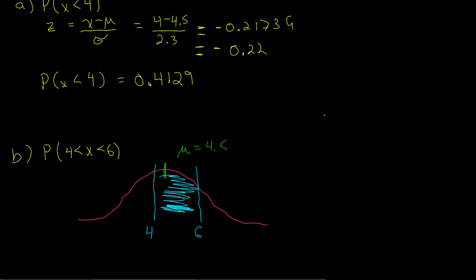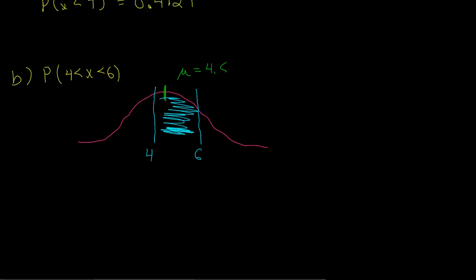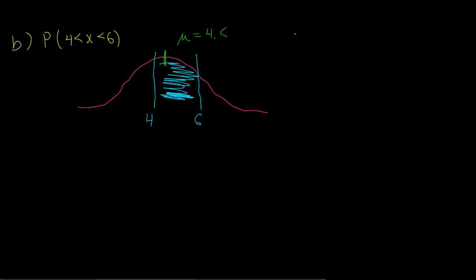So to find that, we're going to need our higher z score and our lower z score. We'll need the probabilities of those. So z high is equal to 6 minus 4.5 over 2.3. And I'm jumping right to the z score.